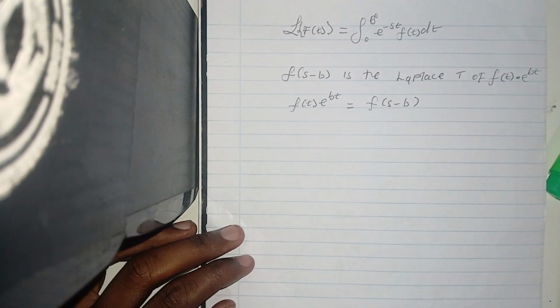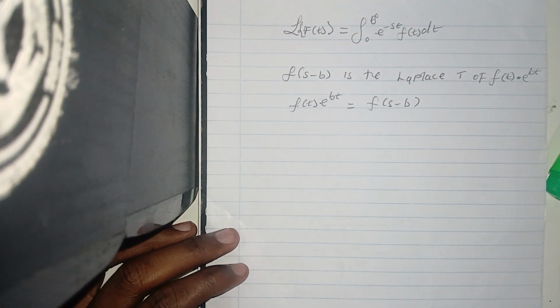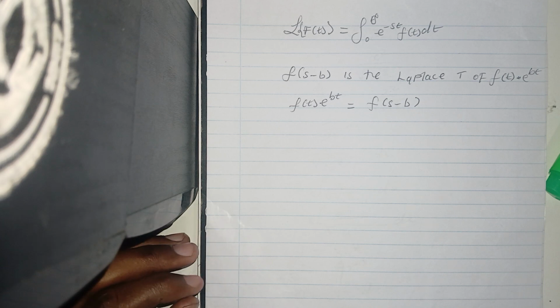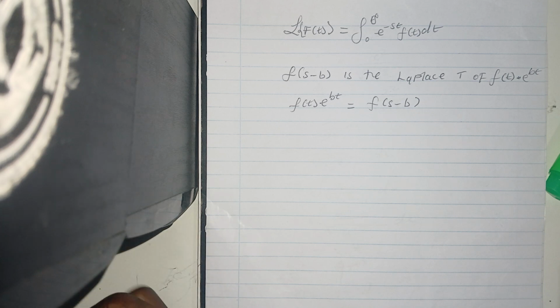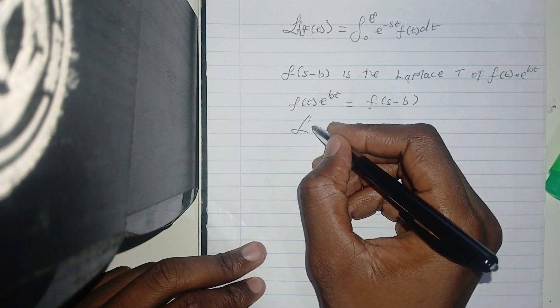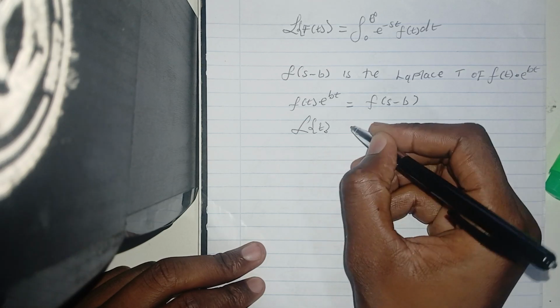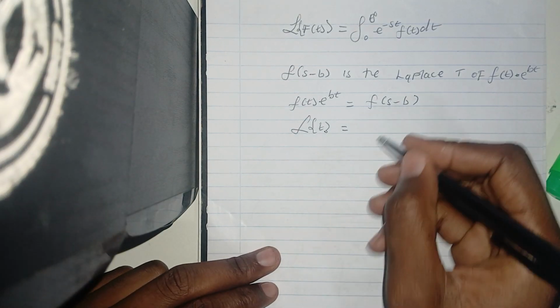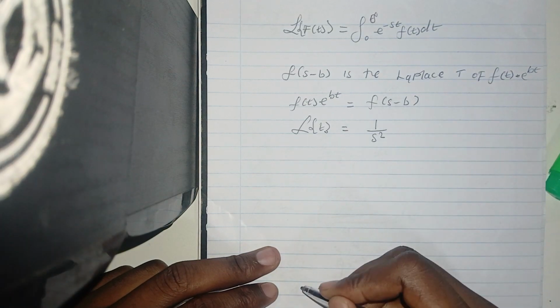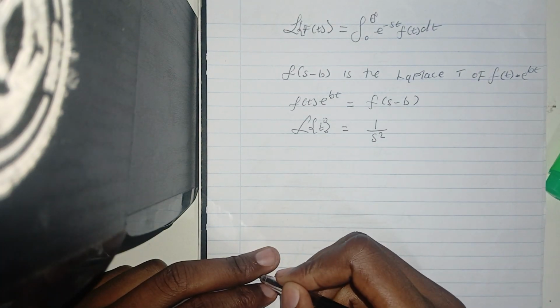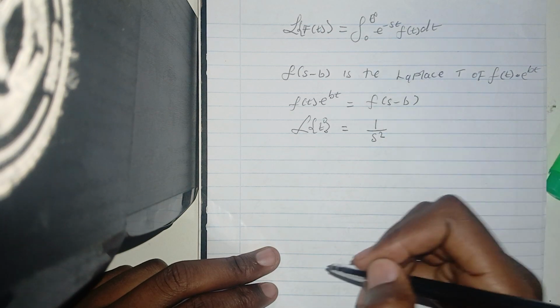Now for an example, I don't like teaching theoretically. I love to do maths practically. Say the Laplace transform of t. The Laplace transform of t is 1 over s squared.